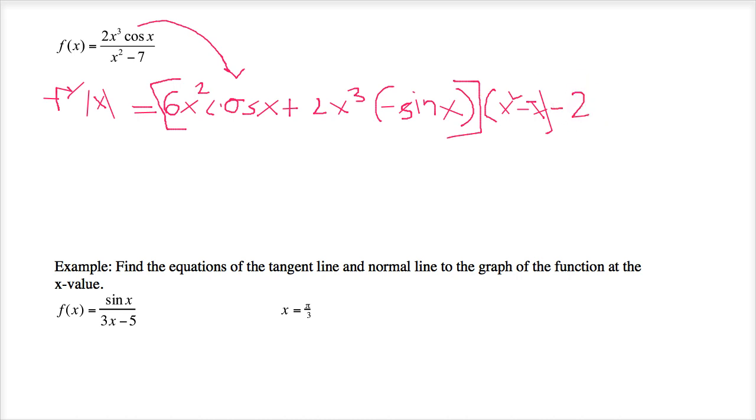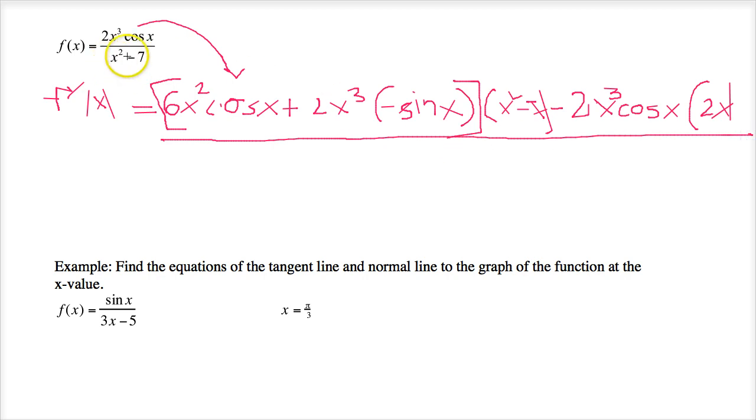So the first one is 2x to the third cosine x times the derivative of the second one, or the denominator. And the derivative of x squared minus 7 is 2x. And this is quotient rule. So I'm going to make my big fractional bar all over, and this one's going to be x squared minus 7 squared.